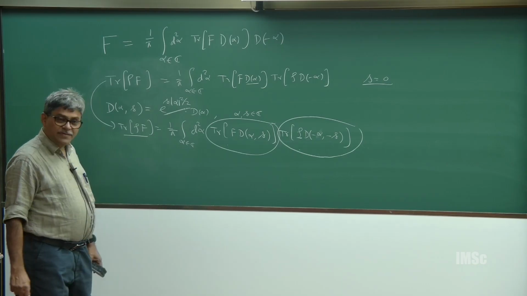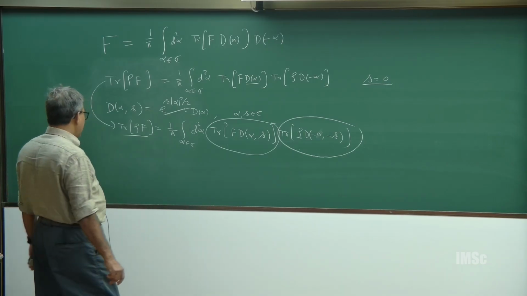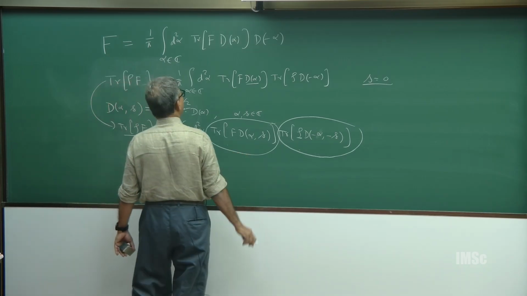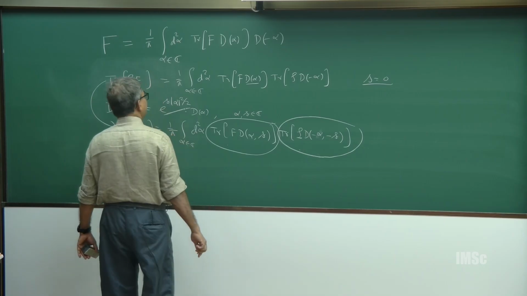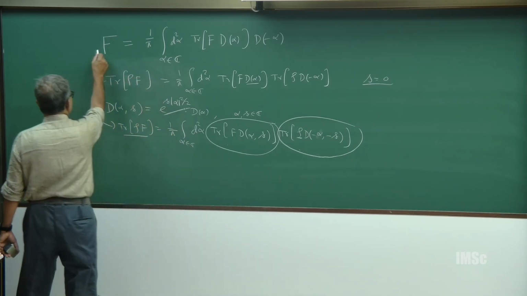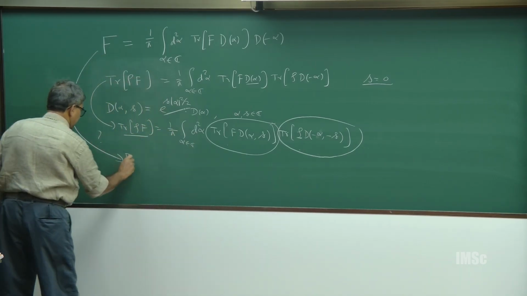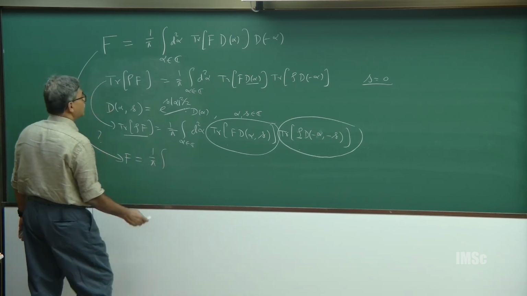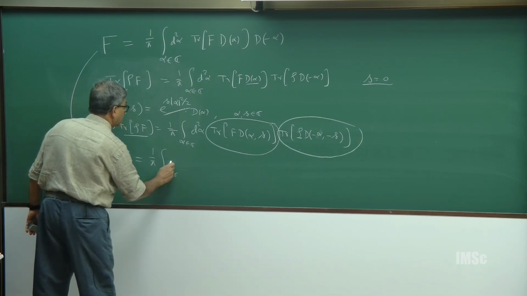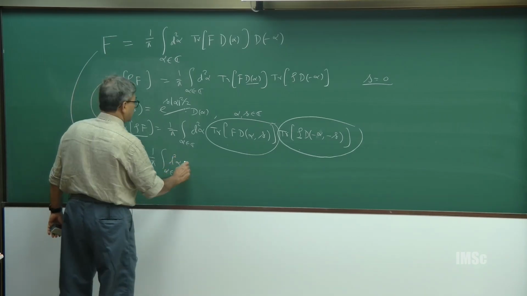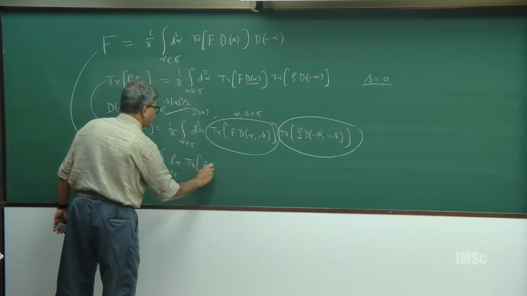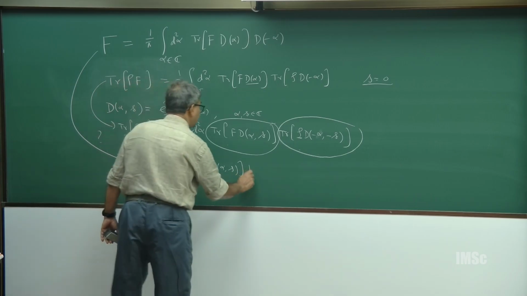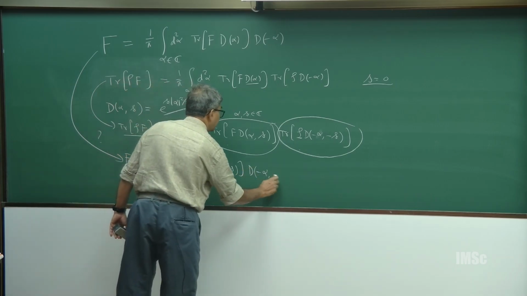Now, the problem is that in order to consider this, what we need to show is, can I write, for any bounded operator, it in the following form: trace of f D(alpha, s) and then D(minus alpha, minus s).